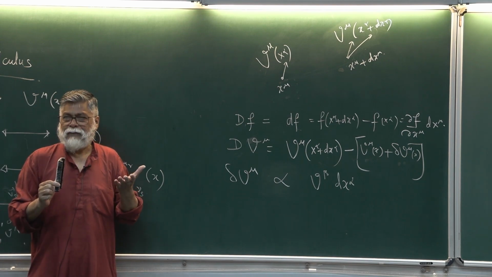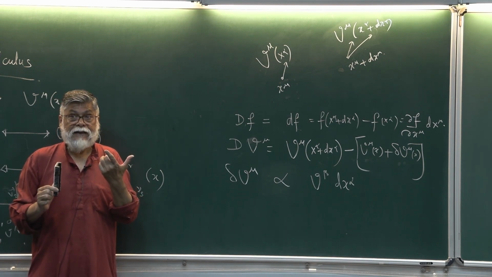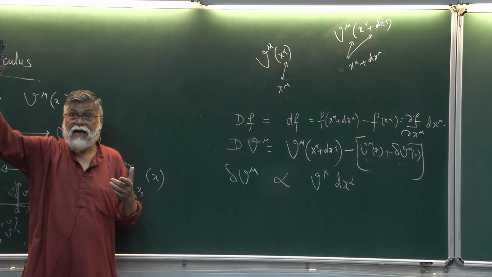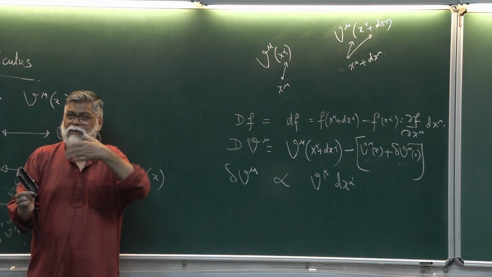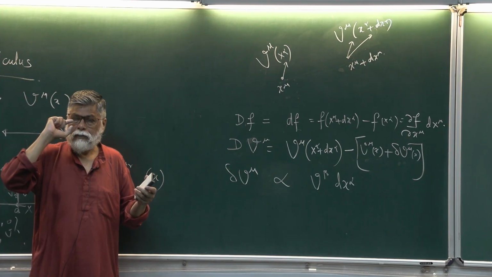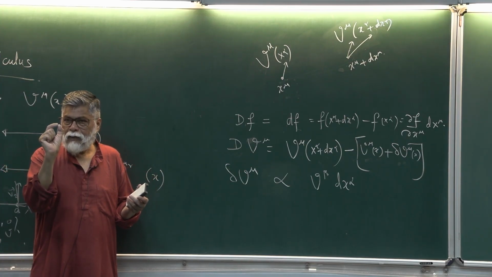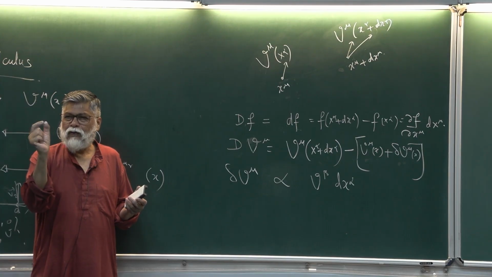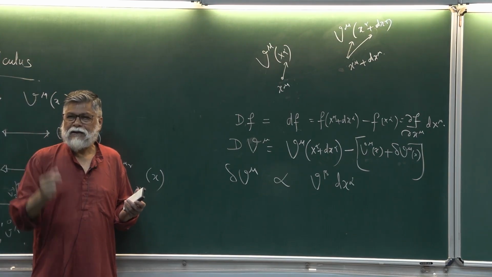For any infinitesimal changes, the higher order effects, dx mu square, dx mu cube, will be so negligible I can neglect them. This is a Taylor expansion view. If f of x plus delta x, if delta x is very small, you can neglect delta x square, delta x cube, higher orders.